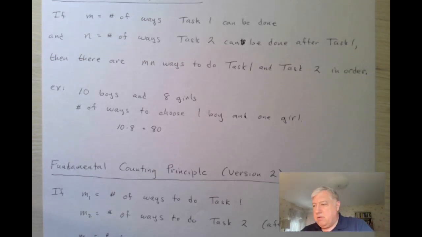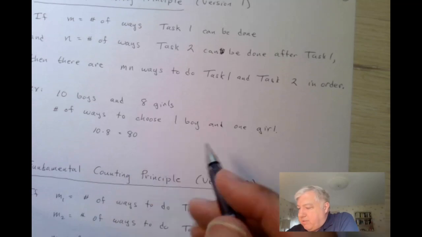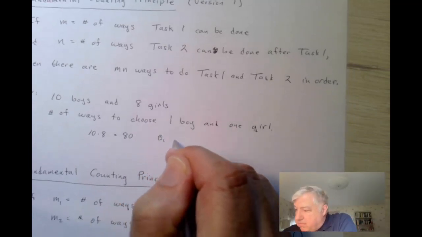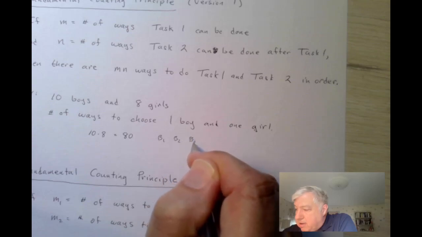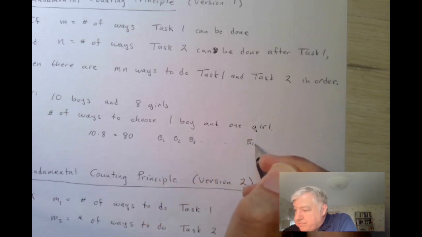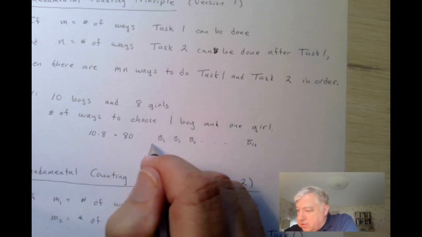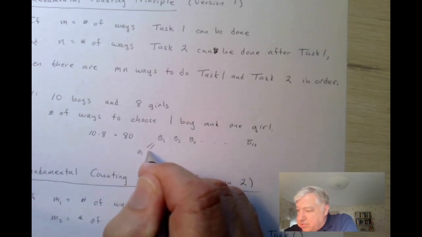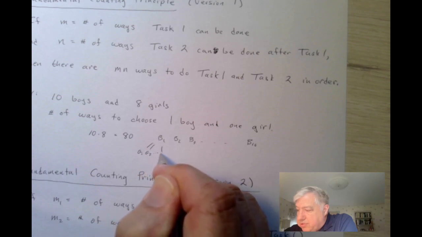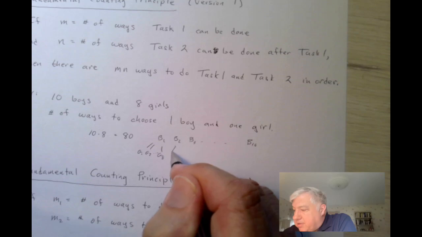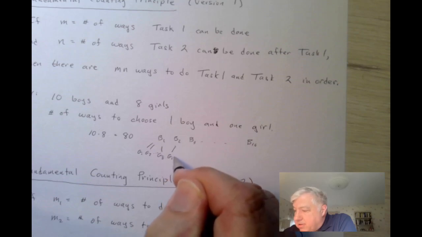Another way to see that is if you have your 10 boys, say B1, B2, B3, all the way up to B10. And then for each choice, you choose a girl, so you'd have G1, G2, all the way up to G8. Then you do the same thing for B2, G1 through G8, and so on.